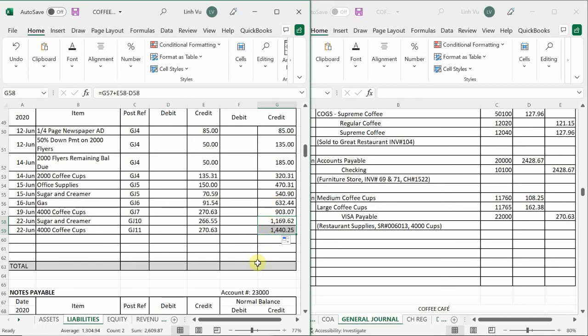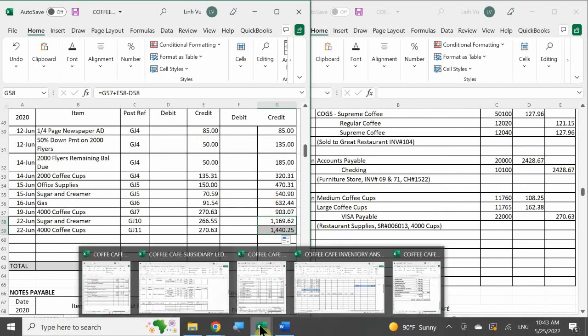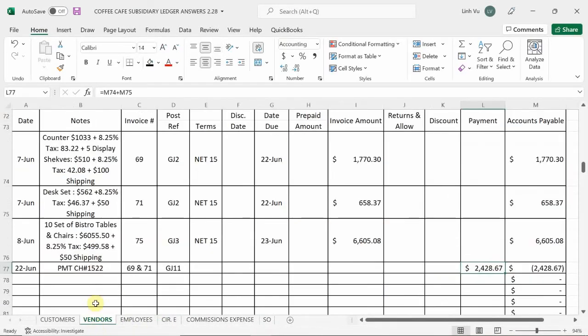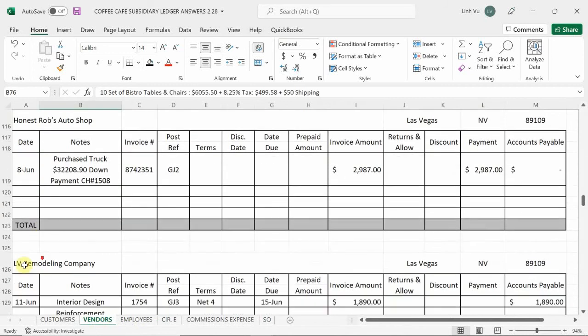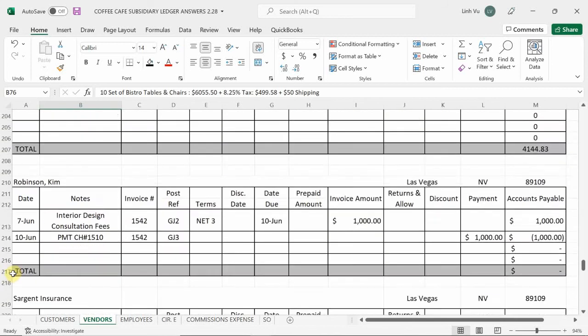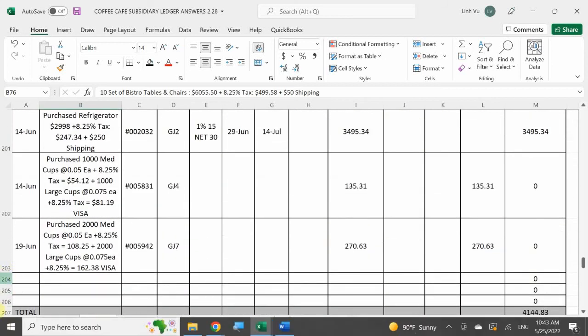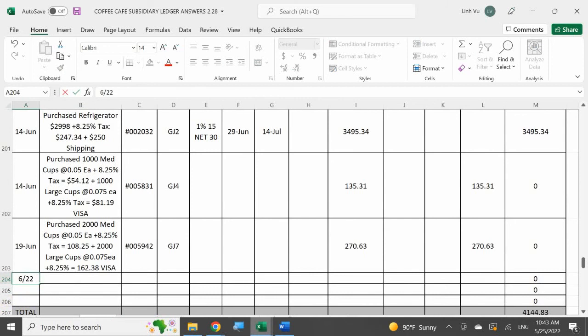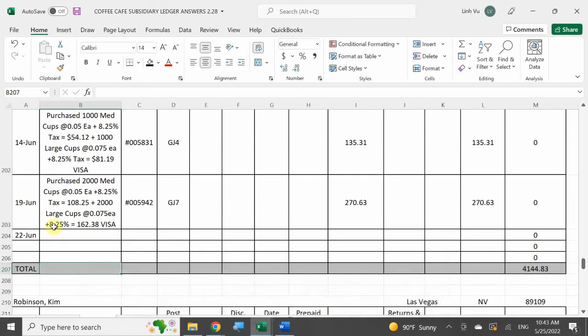And in case I need to make a refund or a return to restaurant supplies, I am going to record that I purchased this from restaurant supplies. Here they are, restaurant supplies. Today is the 22nd. And this is what happened.